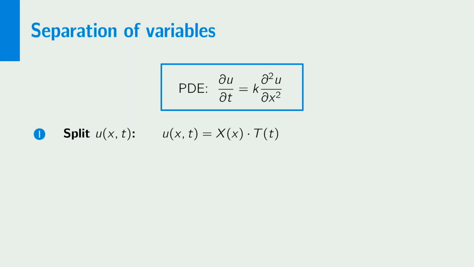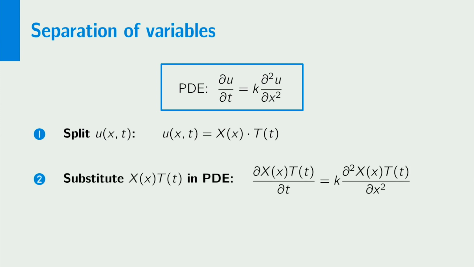First, assume that for the PDE there exists a solution u of x and t that we can write as the product of a position-dependent part, function capital X of position, and a time-dependent part, function capital T of time. Next, we substitute this expression for u into the PDE and work out the derivatives with respect to time and position.